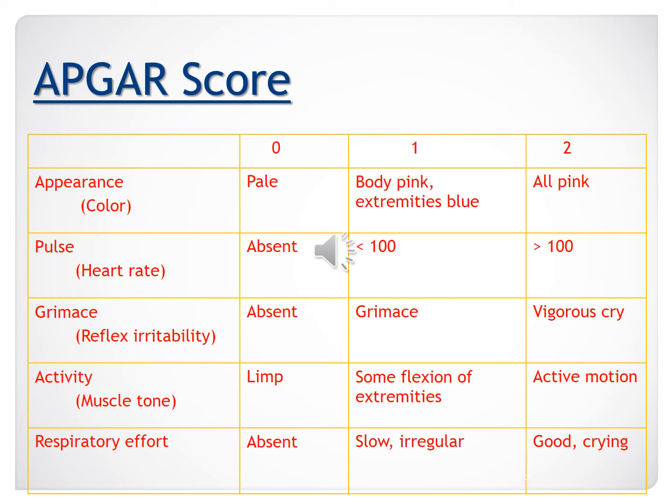Those with some difficulties would then have a 10-minute APGAR. And so again, I would encourage you to look at this link to go into detail of how we assess these 5 characteristics.